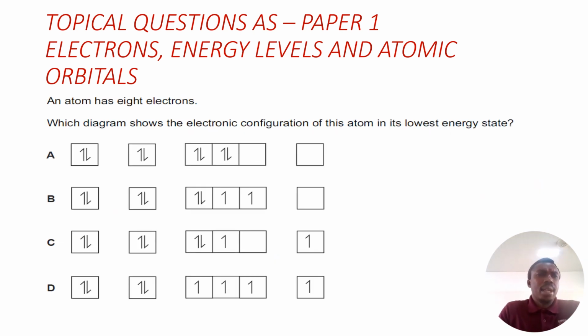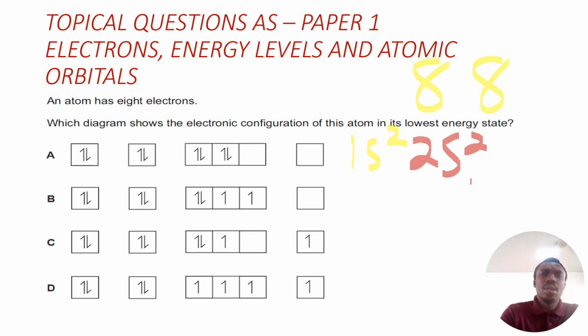Now the next question says an atom has 8 electrons. Which diagram shows the electronic configuration of this atom in its lowest energy state? So it has 8 electrons. So I think it will be 1s2, 2s2, then 2p4.